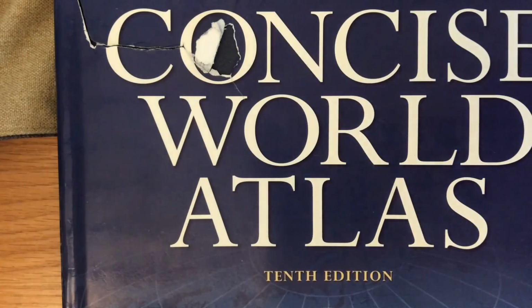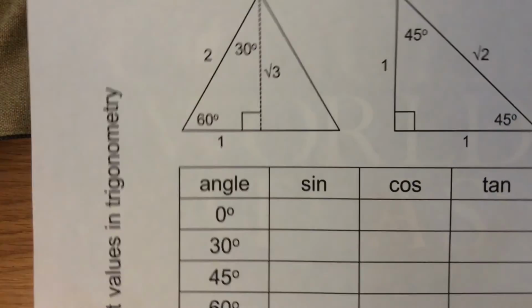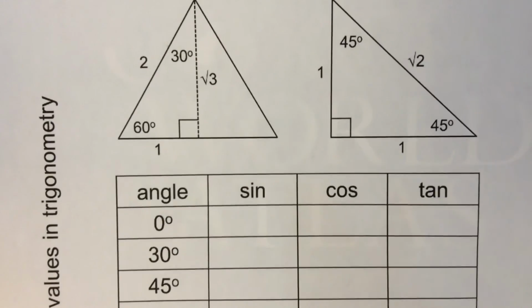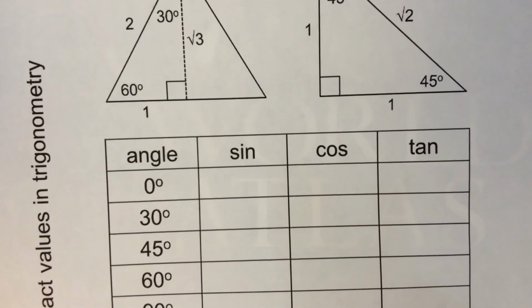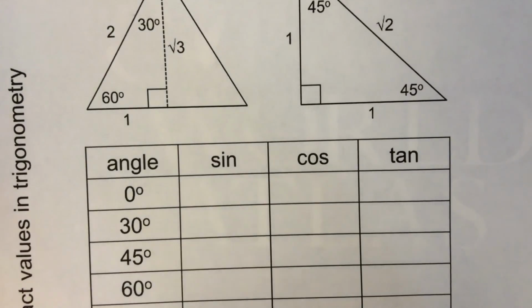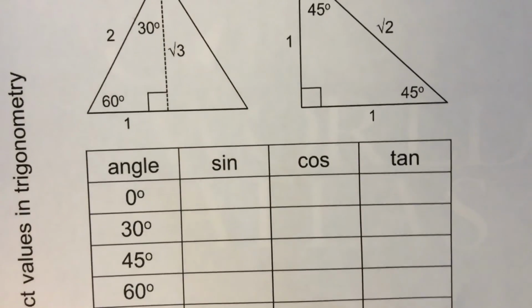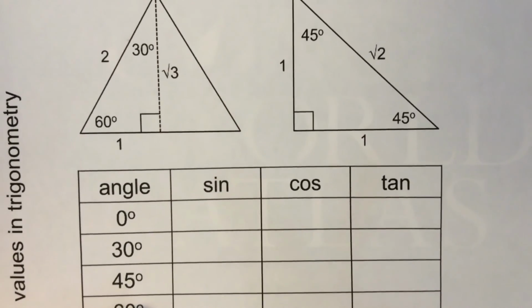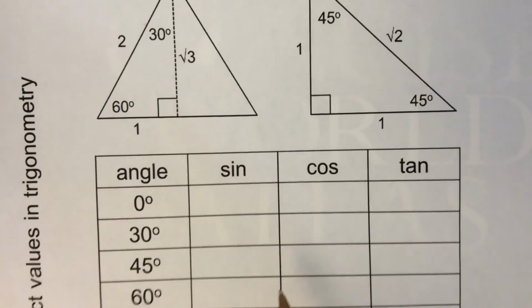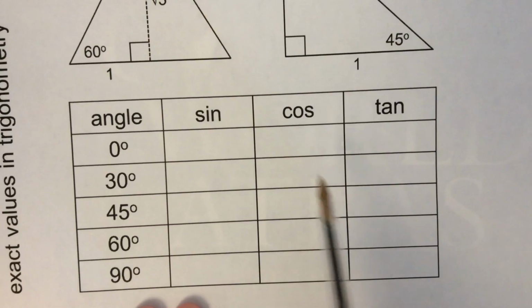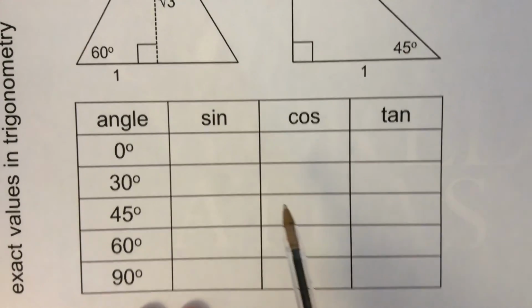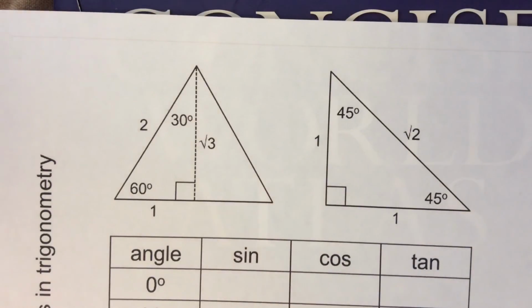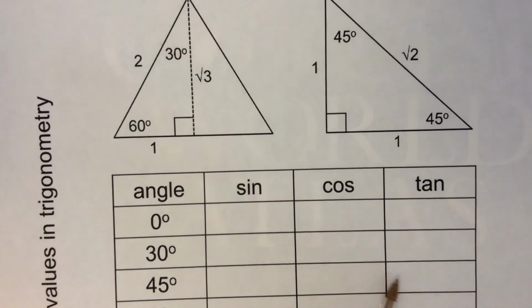In the meantime, I'll put these little PowerPoint slides that I've printed off on the website, which means that you can produce your own summary table of the exact values using surds. Triangles are there. Okay, so I'll leave that with you.